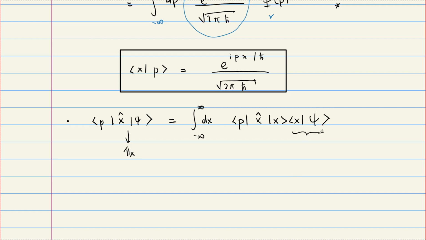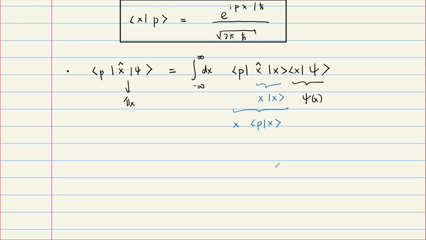Now this piece is my wave function. So x times x is x. Now this x is a number, it can go around. So this bigger piece is going to be x times the overlap of p and x. And I just derived this, right?